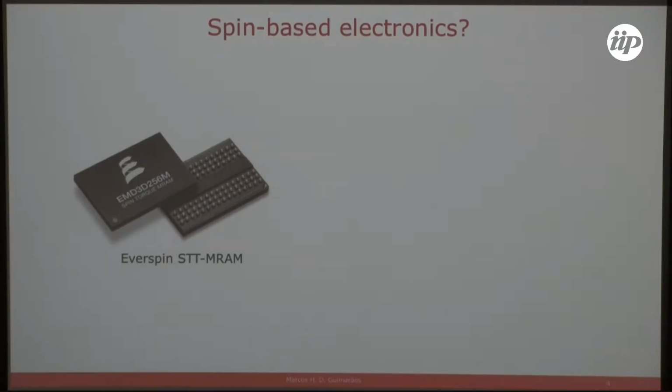So why should we care? I think all of you are here and you know that we should care about spin electronics, but spin torques specifically are coming into the market in spin transfer torque magnetic random access memories.